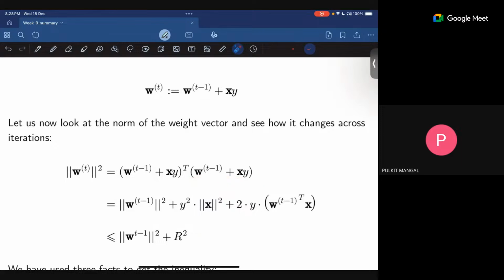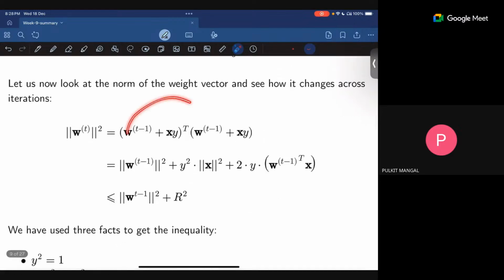The simplification of this is the same as how you do it in general. First we multiply the first terms, so it becomes the norm squared of w(t minus 1).